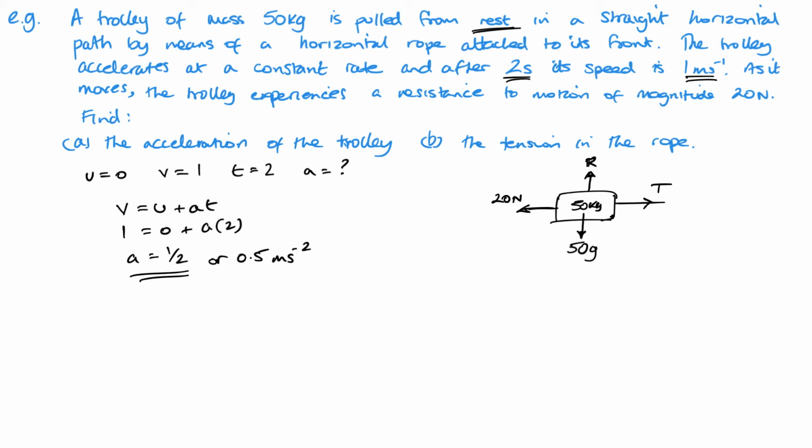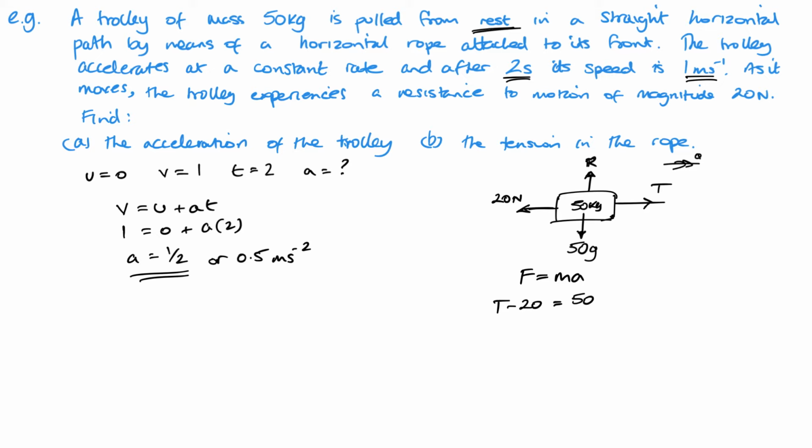Now, what I want to think about in this kind of case is using F equals ma. My force is going to be my resultant force, so it's going to be moving in this direction. That's where we are accelerating. So it's T minus 20. T's got to be bigger if it's moving in that direction.